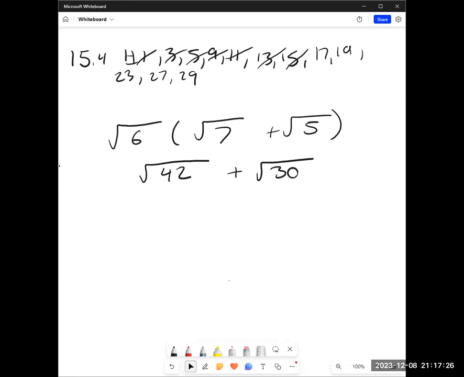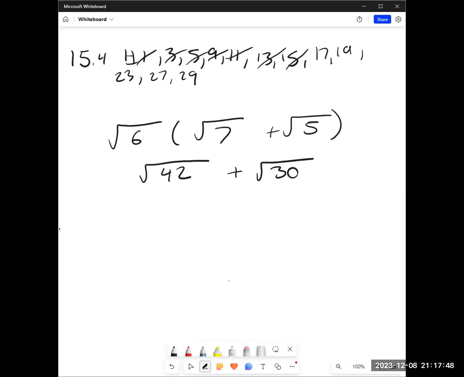And there are no perfect squares that are factors of 42 or 30. This is a 2 and a 3. There's no 2's or 3's over here. So we're done. It's as simple as we can get in this problem.